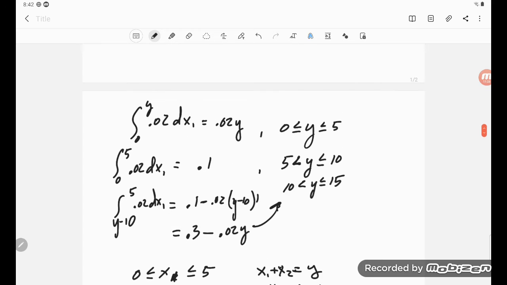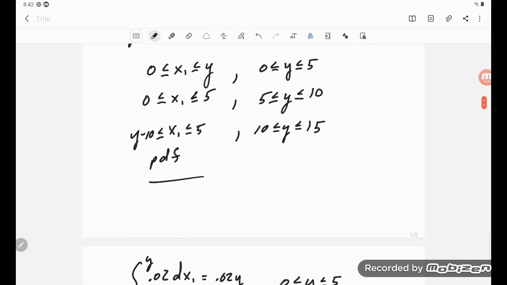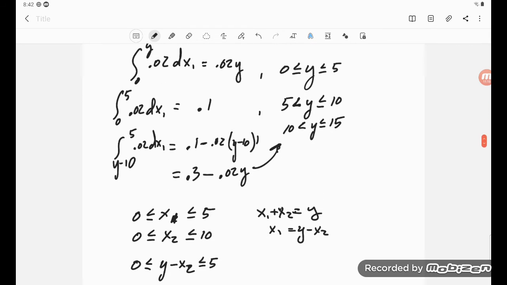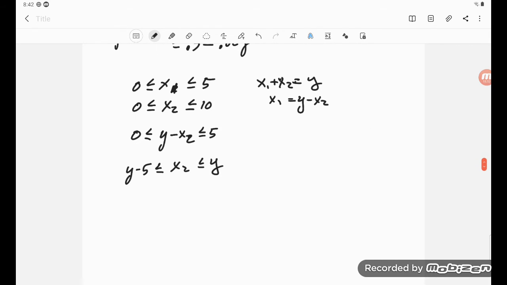So up here, we had y minus 10. Okay. So then we also have y, of course, is less than or equal to 15, greater than or equal to 0.